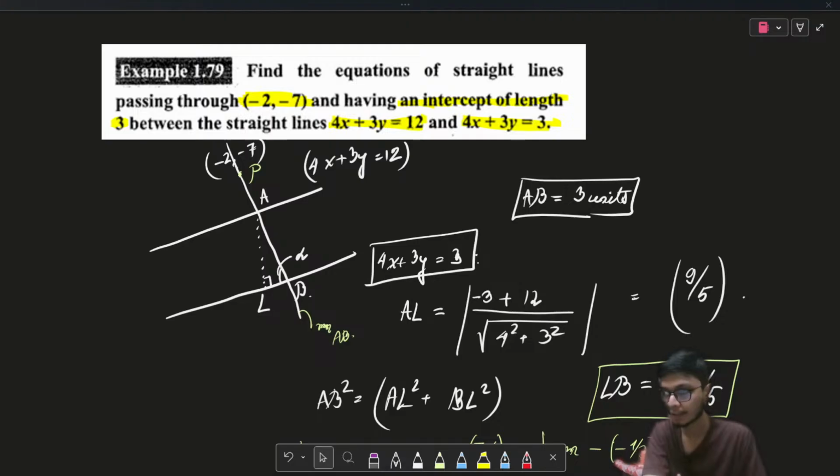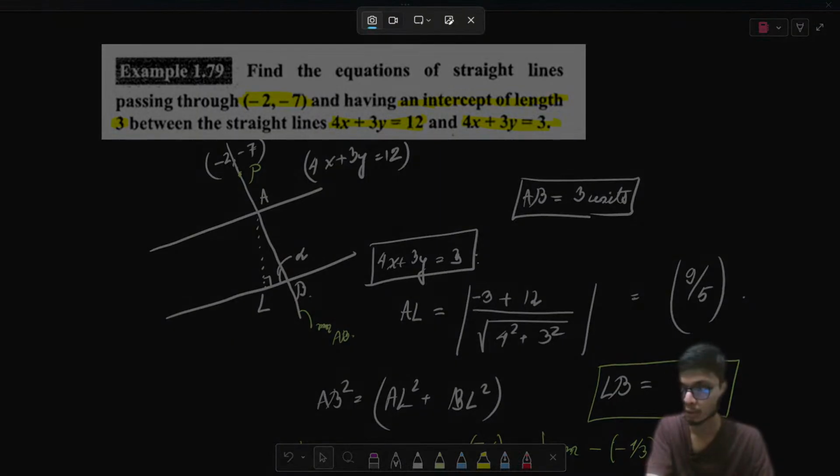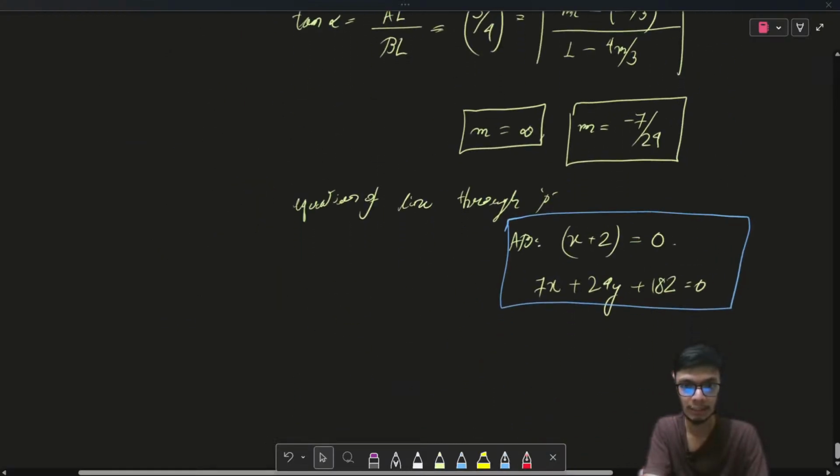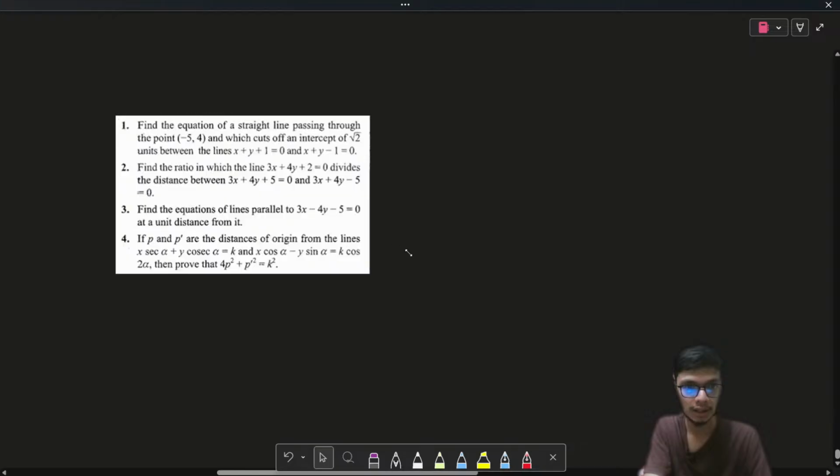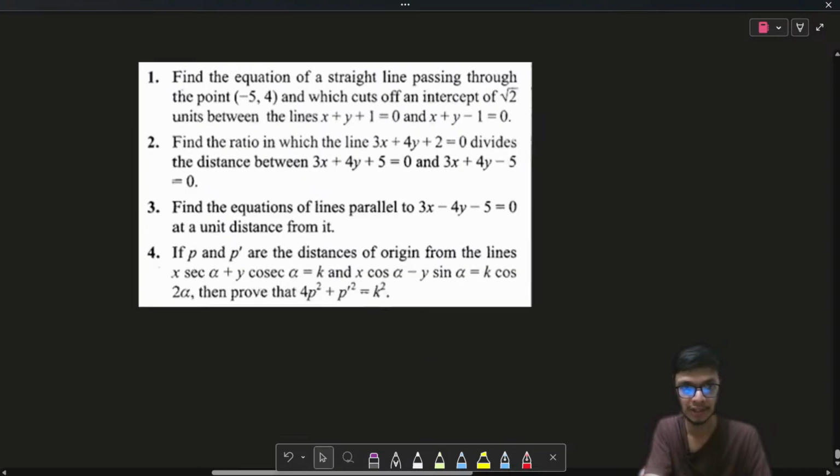Before I proceed to the next topics, I would like to give you some more problems as homework to practice, because this concept of distance between two parallel lines or points and all these concepts are very, very crucial, especially if you are looking at JEE Mains, right?